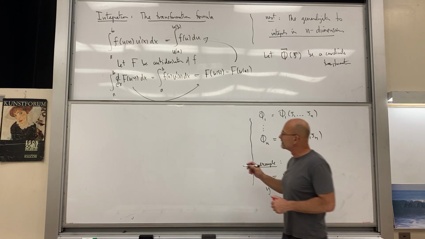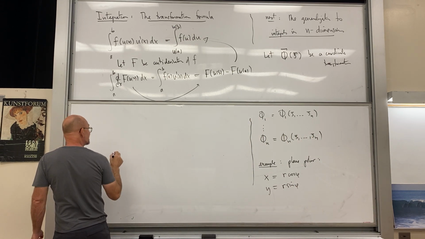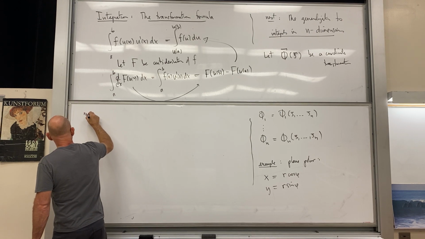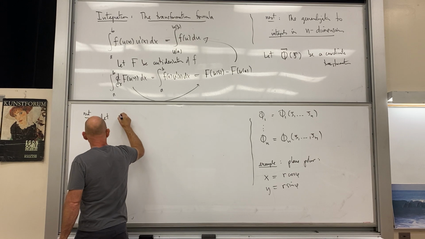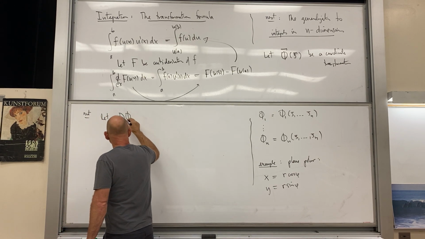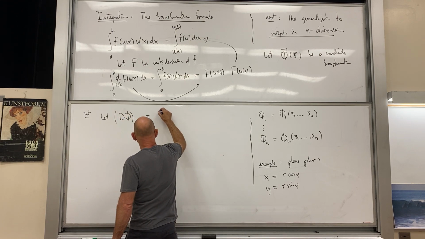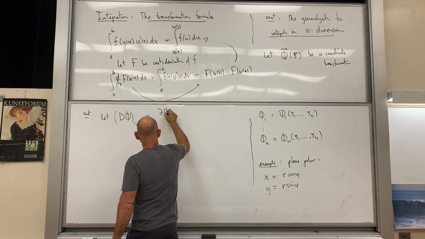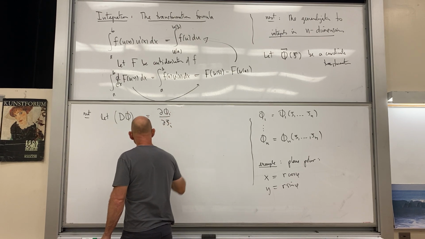Next, we have to define the Jacobian here. So next, let the partial of phi sub i with respect to c sub j be equal to d phi sub i d c sub j.